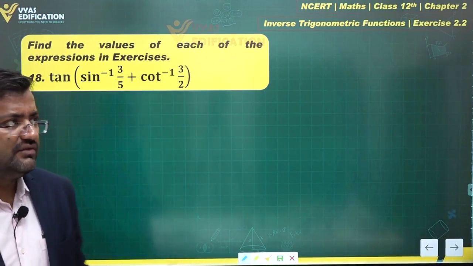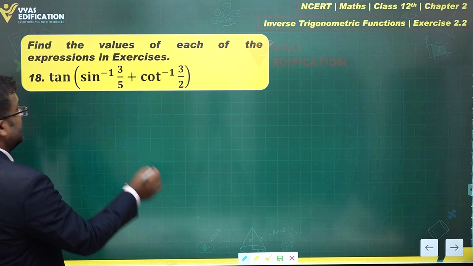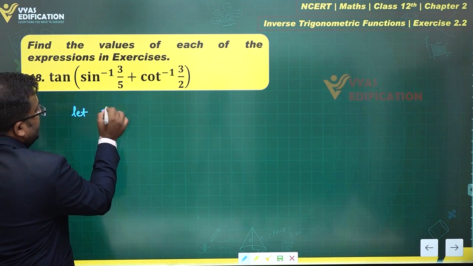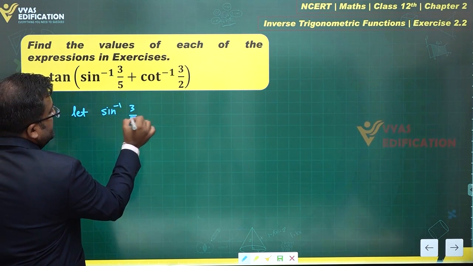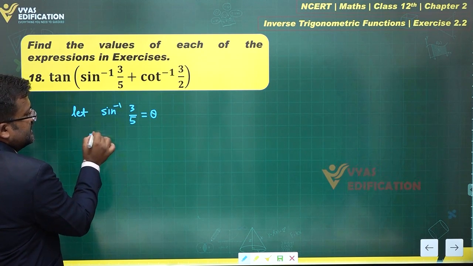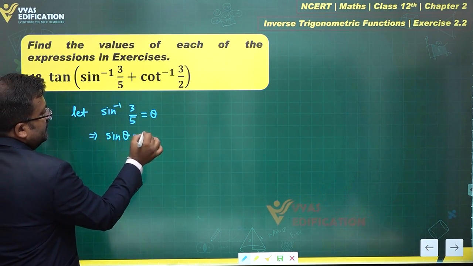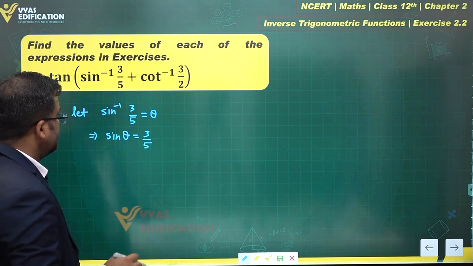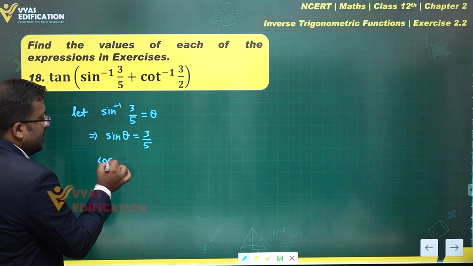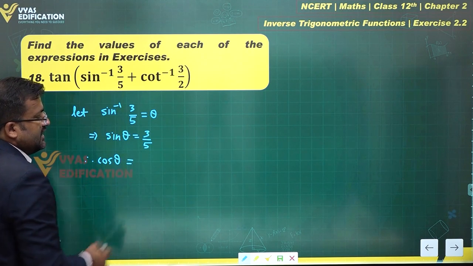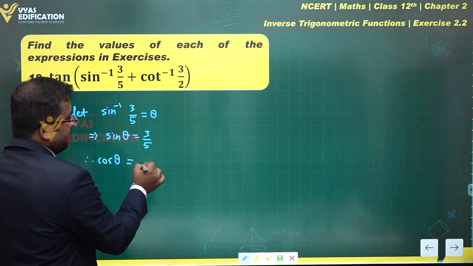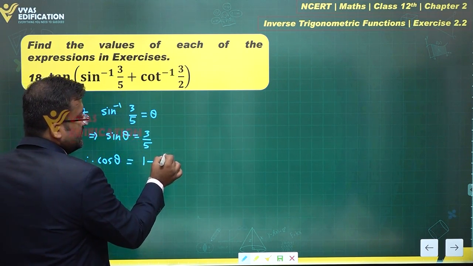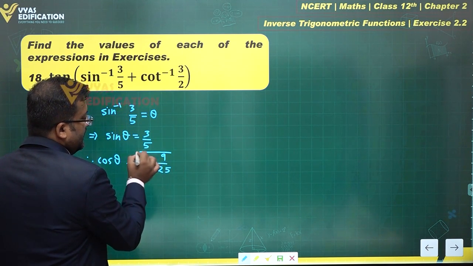Could be pretty simple, right? We can use interconversion for ITF. Let sin inverse 3 by 5 be equal to an angle theta, which gives me sin theta equal to 3 by 5. What do we need? We need tan theta actually. From sin theta I can find cos theta, which is the square root of 1 minus sin square theta, which is 9 upon 25 under the root.